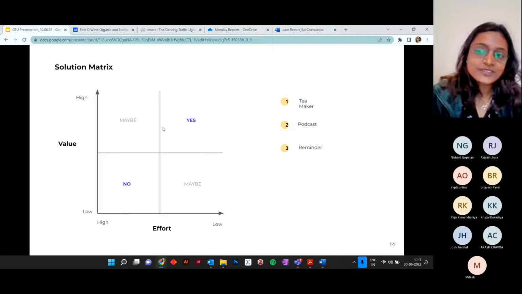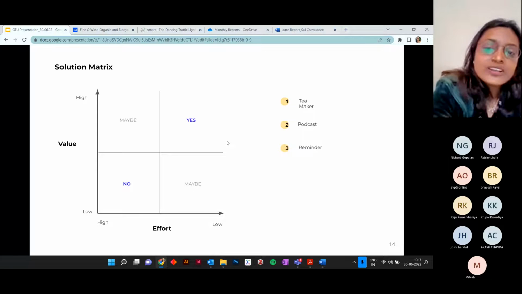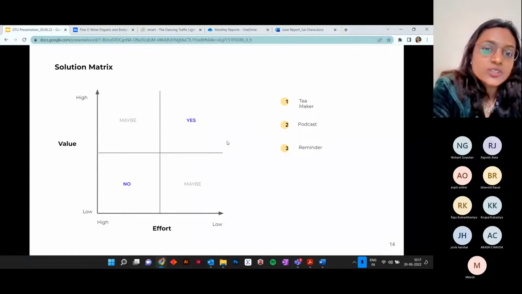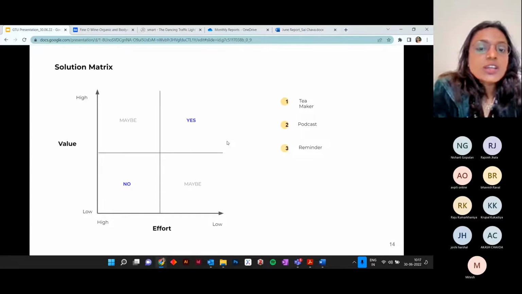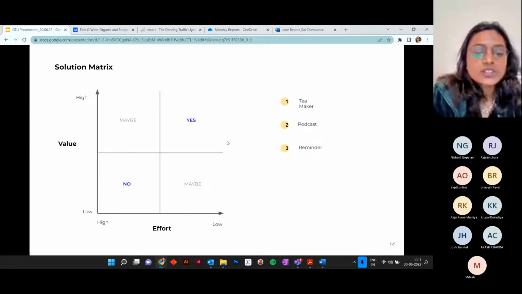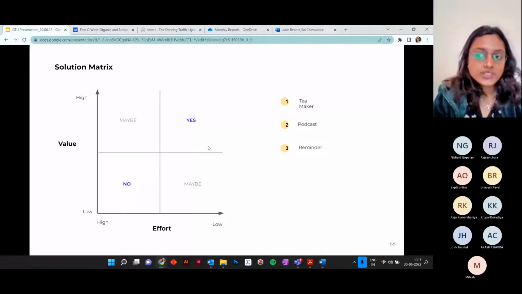All right. So usually when you place things in the solution matrix like this, the ones that have yes are your quick wins. If you quickly want to launch something into the industry, anything that fits into the quadrant with the yes in it are the solutions that you should be implementing.